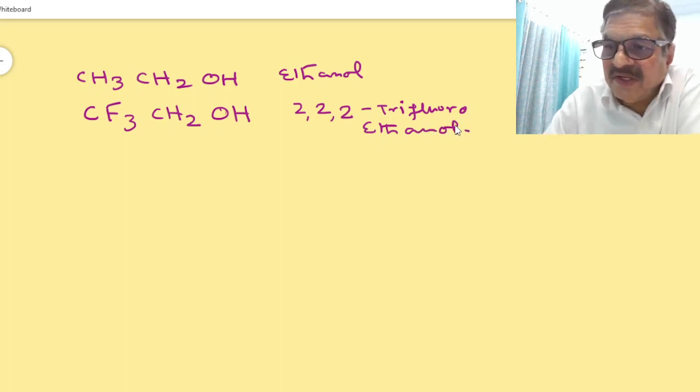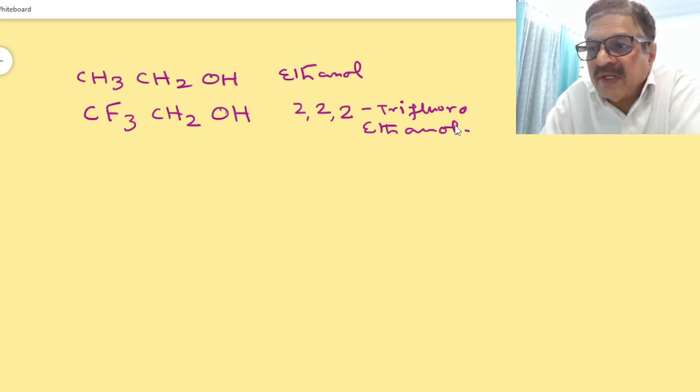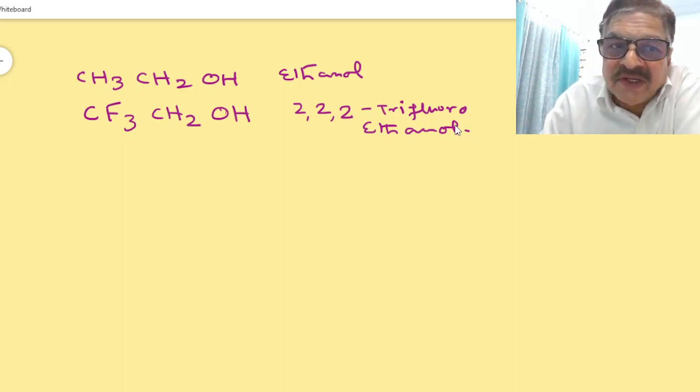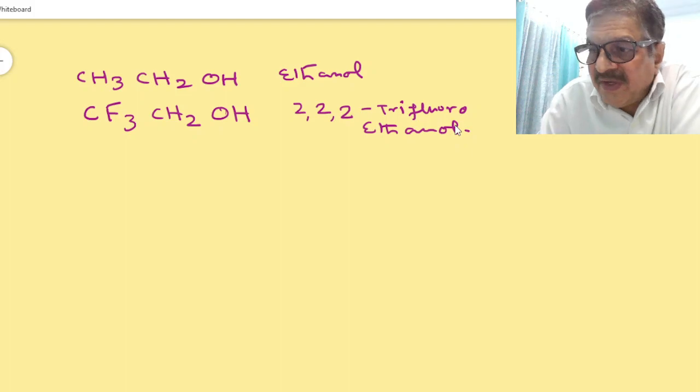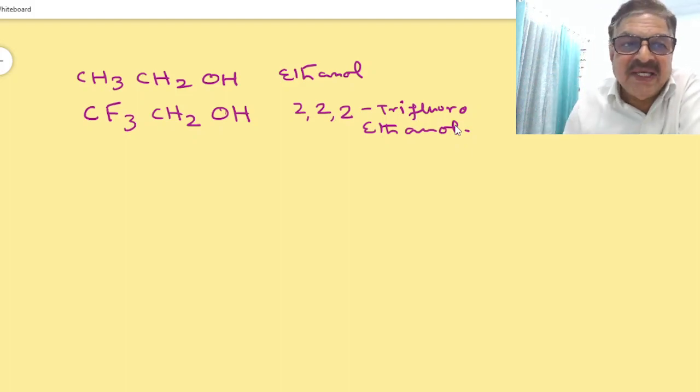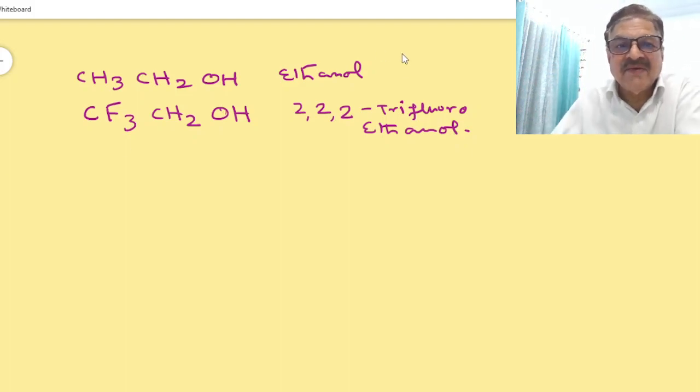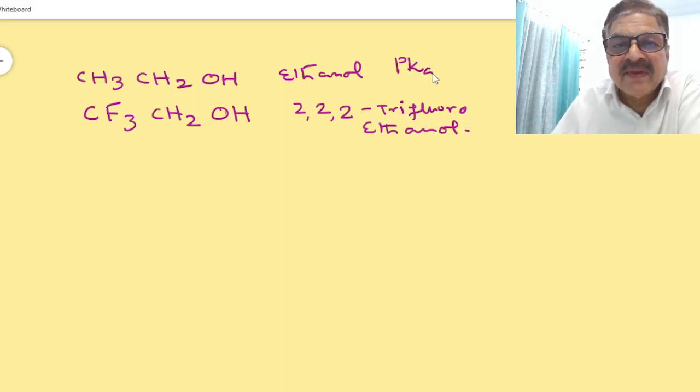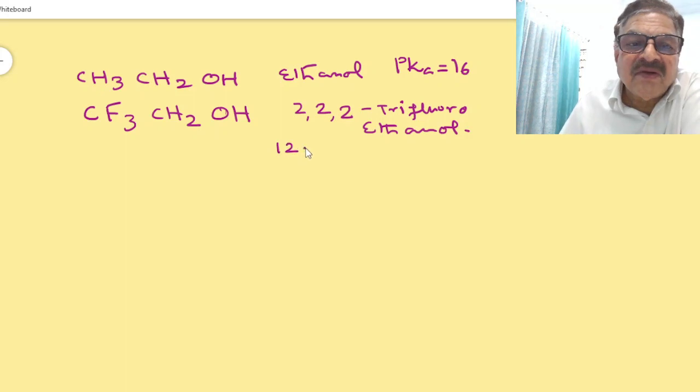If we compare the acidity of these two compounds, ethanol and 2,2,2-trifluoroethanol, both having an OH group, we can look at the pKa values. Ethanol has a pKa value of 16, and this one has a pKa value of 12.4.